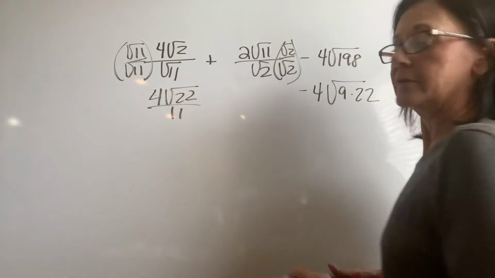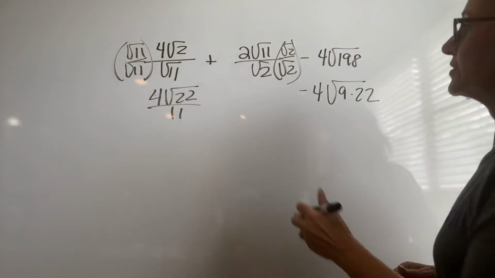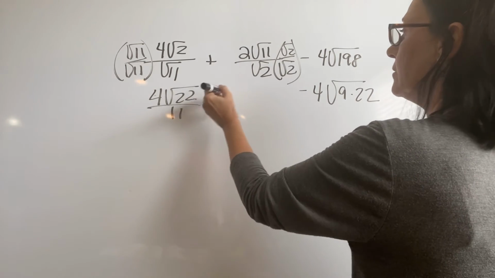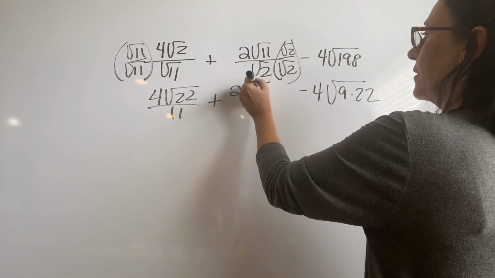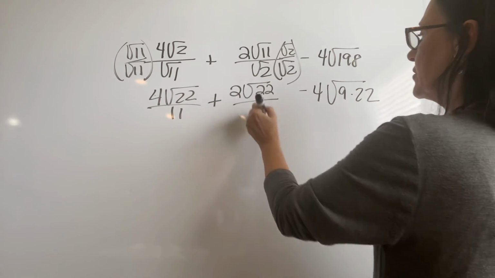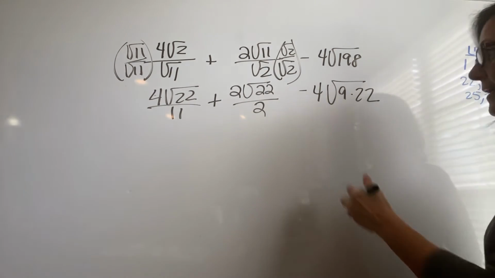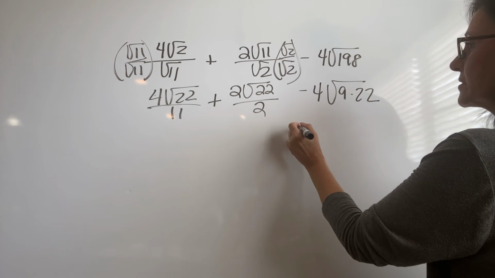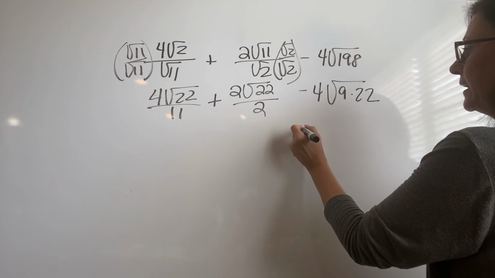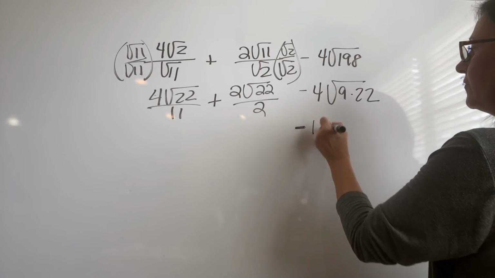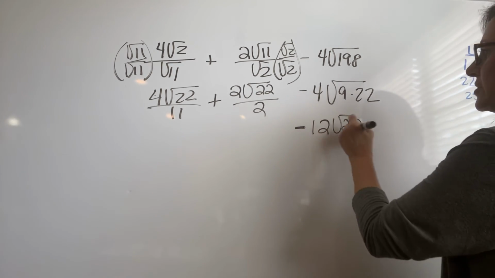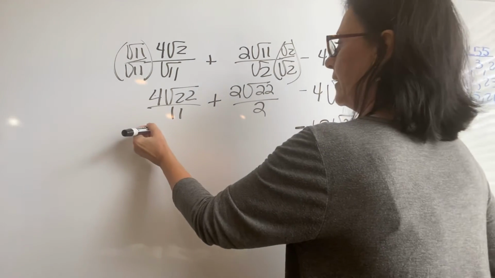The denominator, any radical times itself, is just that number that's under the radical. This is 2 square root of 22 times 2. I'm going to pull that 9 out. It'll be a 3. Square root of 9 is 3. 3 times 4 is 12. Square root of 22. All right, I'll go ahead and write these.